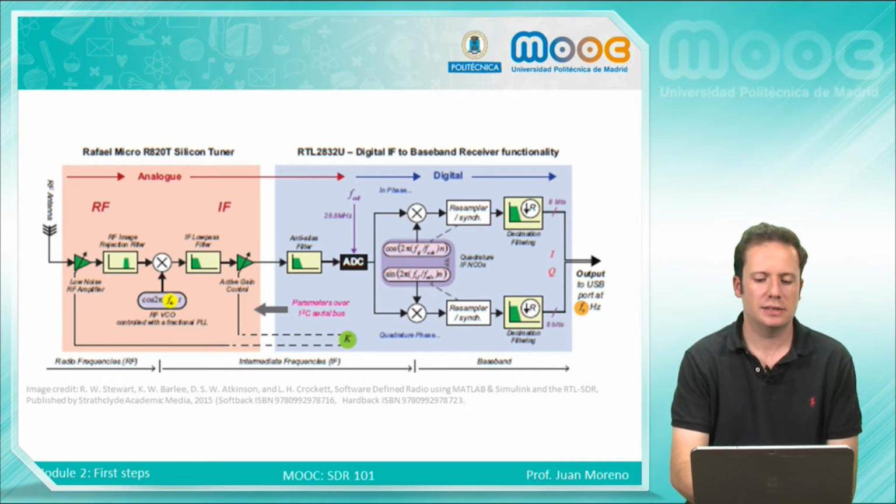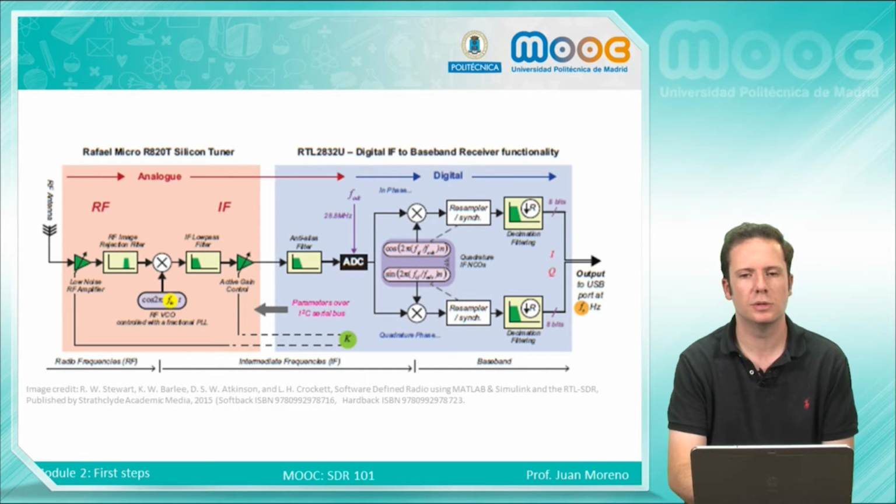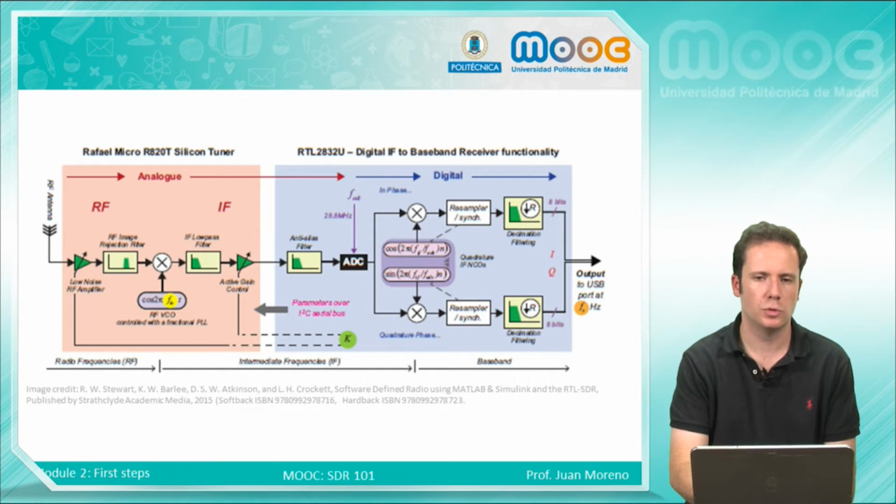In the analog part, you have the radio frequency part and the intermediate frequency. The analog to digital conversion is done in this intermediate frequency, and then we move to the baseband. So we will have two frequency conversions.